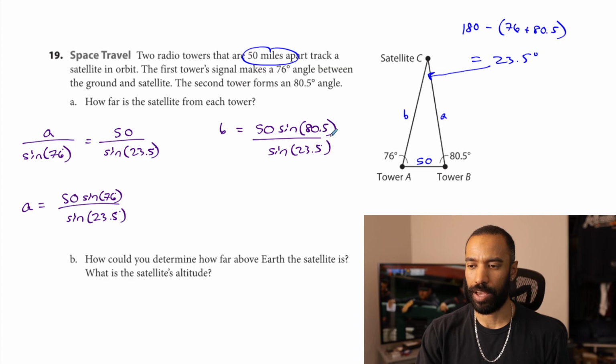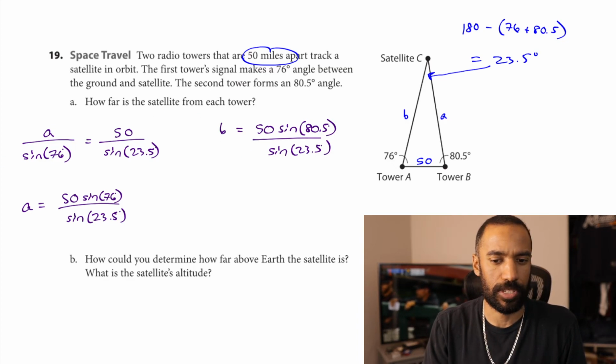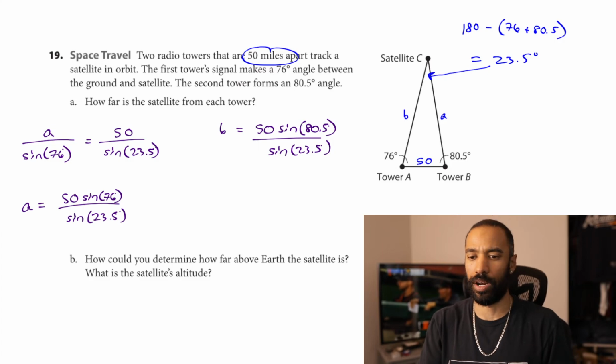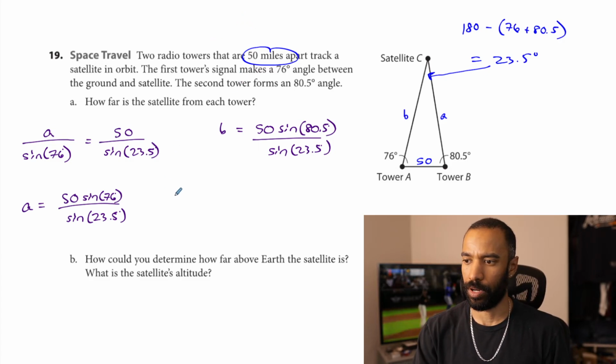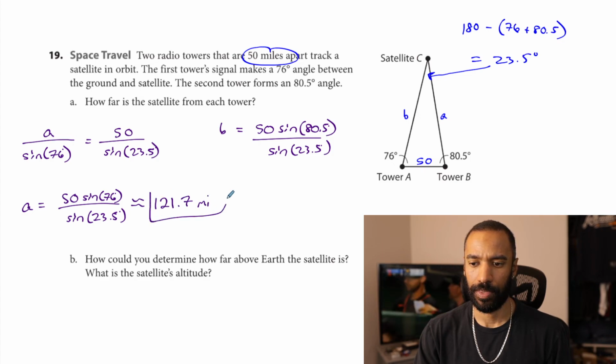So I'll get those two values for you here momentarily. Let me type them in. 50 times sine of 76 over sine of 23.5. I'm getting 121. What are the units? Miles. Do they say what to round to? I'll just do nearest tenth. 121.7 miles.